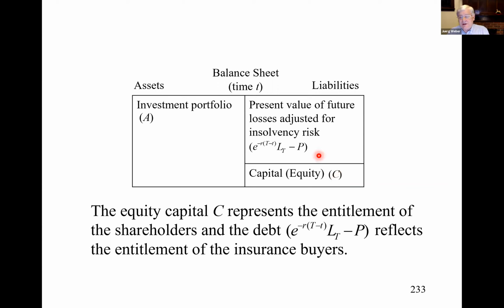Or this here, the entitlement of the insurance buyers, the debt of the insurance company, the liability of the insurance company to the insurance buyers relative to the capital. So an insurance company that works with a small amount of capital has actually a high leverage ratio. It has a lot of liabilities here relative to capital.